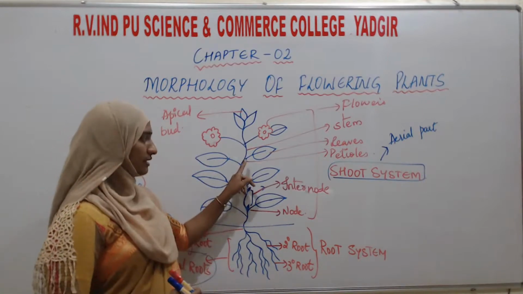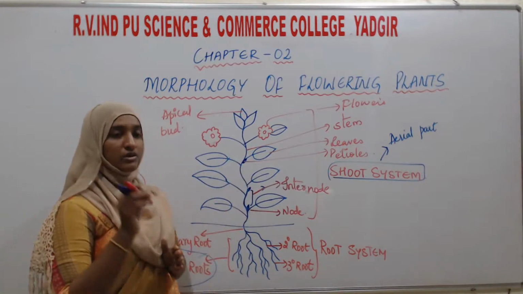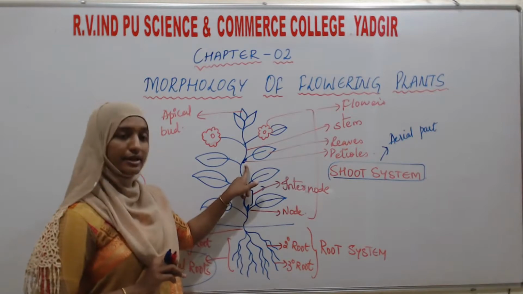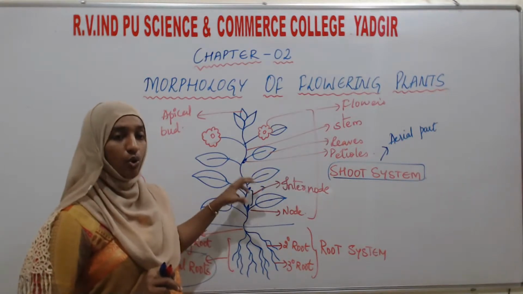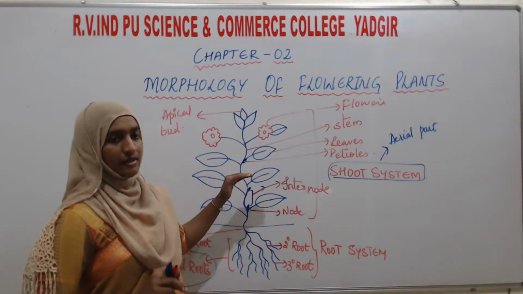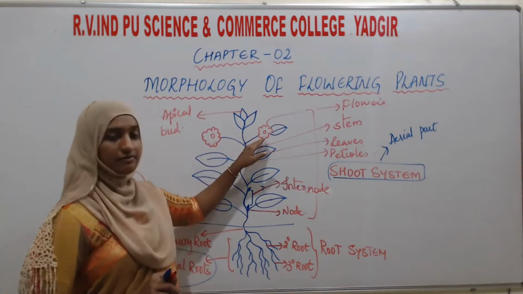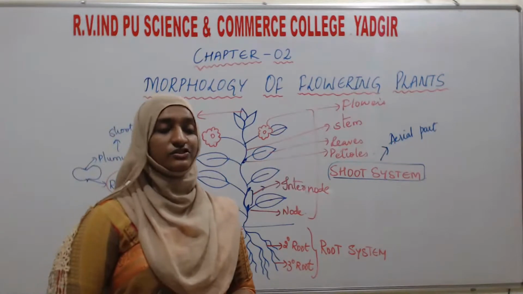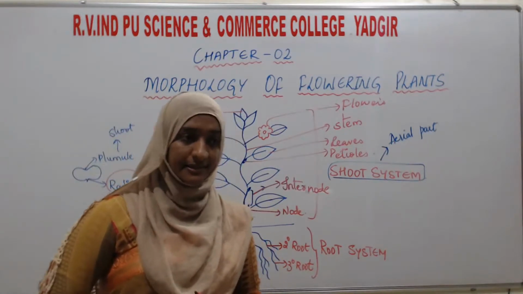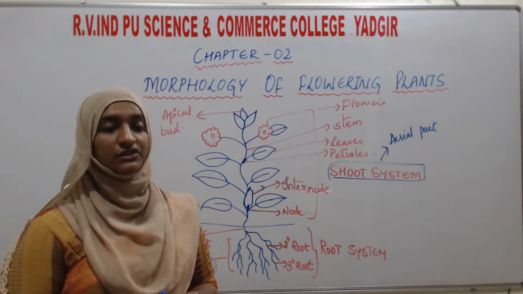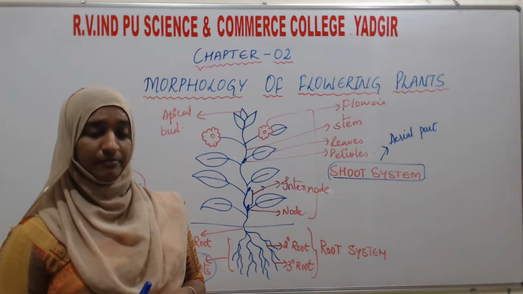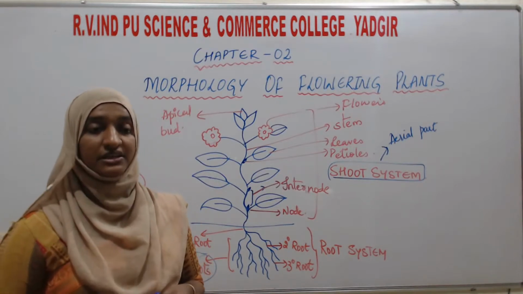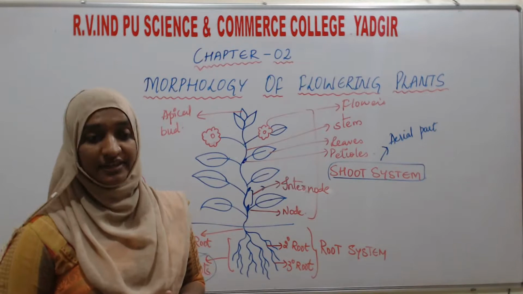Whenever the leaves arise, one structure will be there, known as the petiole, which holds the leaf. Except this, there will be flowers, which further give rise to the fruit and the seed. These flowers are also meant for attracting the pollinators.